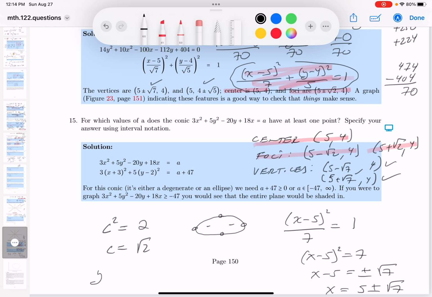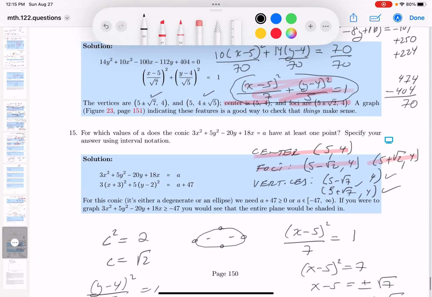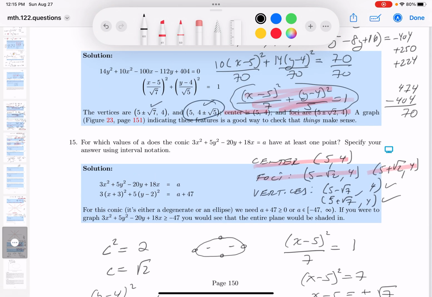You would get (y minus 4) squared over 5 equals 1, and that's an easy equation to solve. y minus 4 squared is equal to 5. y minus 4 would be equal to plus or minus the root of 5, or y would equal 4 plus or minus the root of 5. And that's where these points are coming from. Now, granted, they're really not vertices, but, for the most part, they're still very interesting points on the curve, by the way. Thank you.